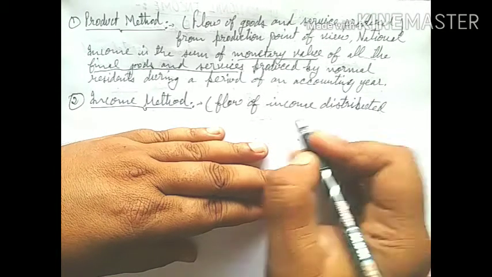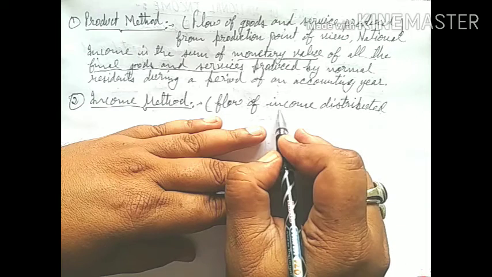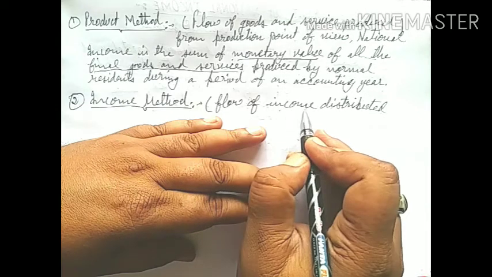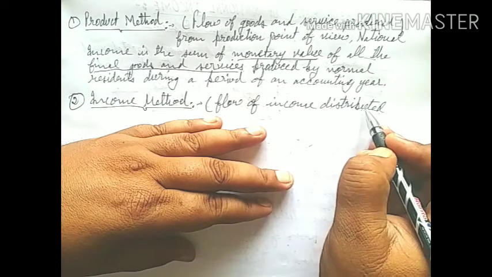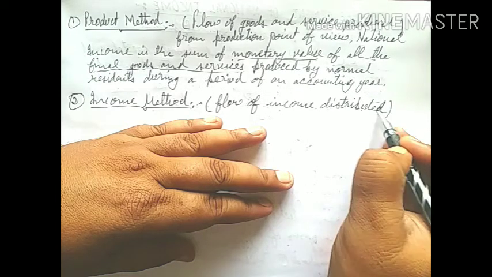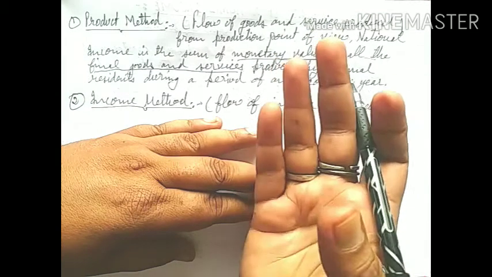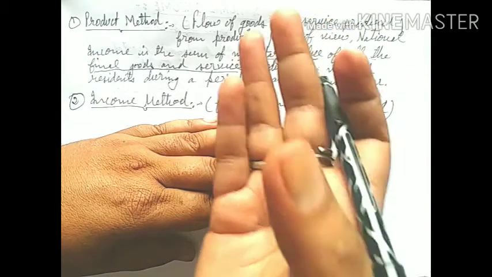Income which was generated in the process of production and has been distributed among the factors of production, as I told you many times, in the form of rent, wages, and third one is interest, then the profit.